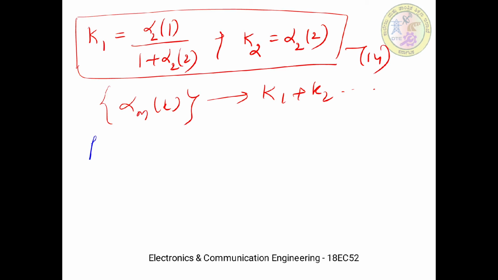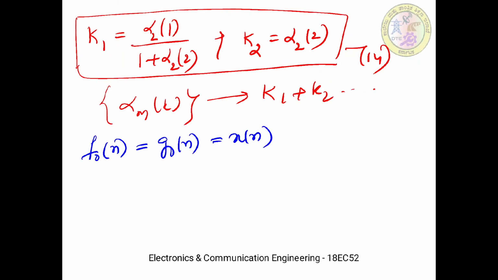First of all we can write f naught of n. This will be g naught of n, it is again x of n. This is evident from our structure, because in the structure we have written, x of n splits into two parts, one is the f naught part, the other is the g naught part. So f naught is the same as g naught, and both are equal to x of n.